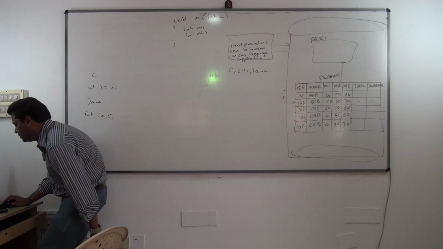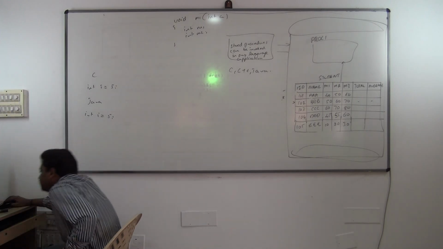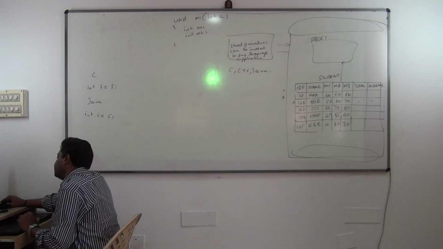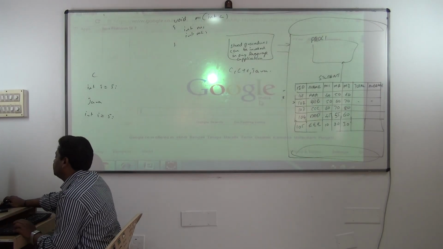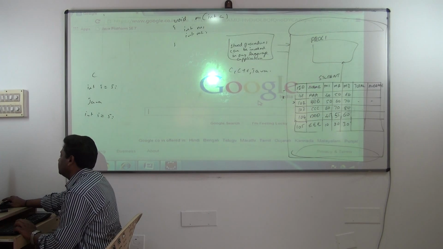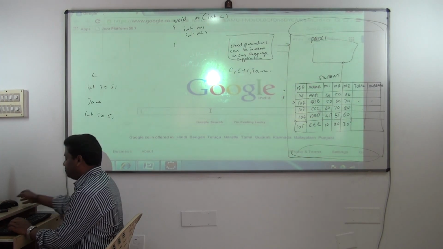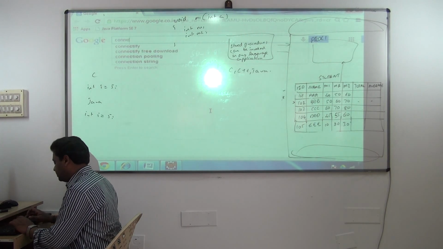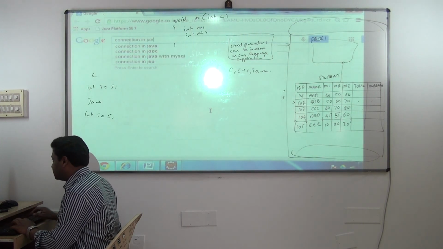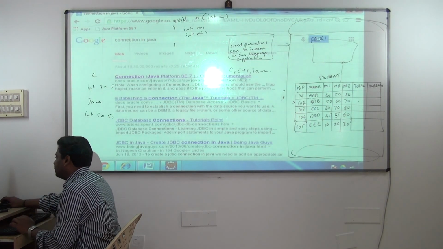See, first we'll go into the API. First API, then all this story will start. Which one you want? Connection, no? First we'll start off with Connection in Java. Now open this document.